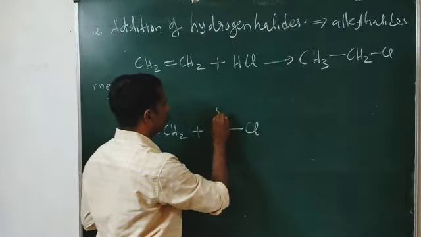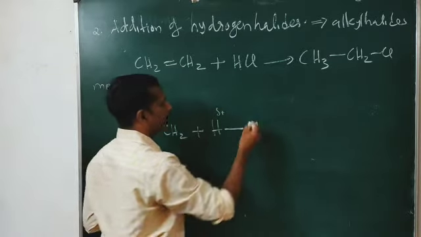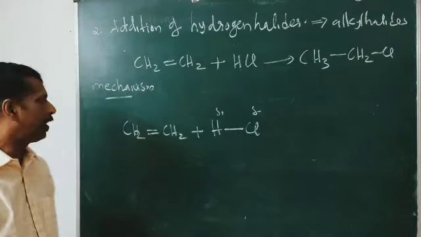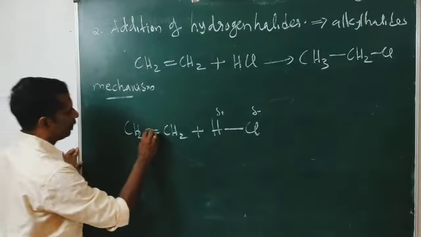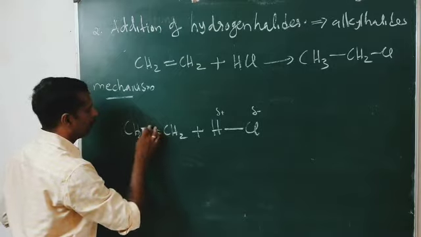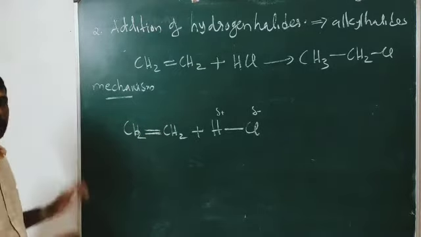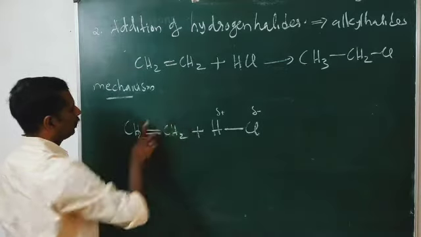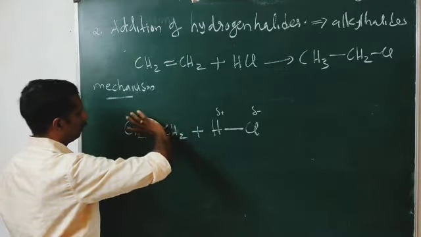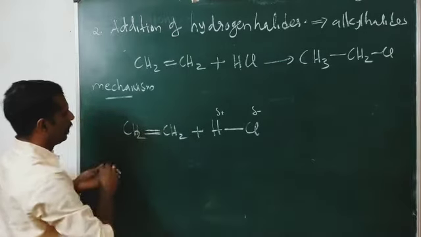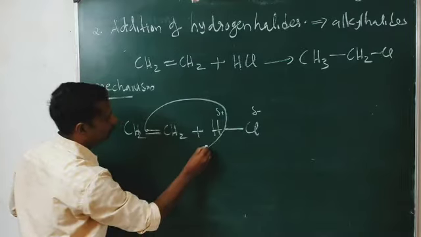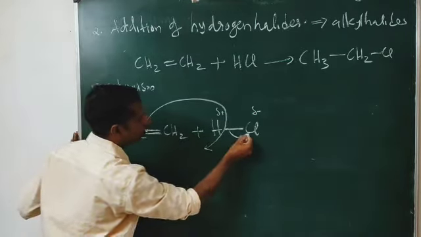Of course, hydrogen is slightly positively charged, delta positive, and chlorine is delta negative. Now look at this mechanism. As in the case of our addition of halogen, suppose the bond breaks from this carbon, and it will abstract this H plus and this bond is shifting.